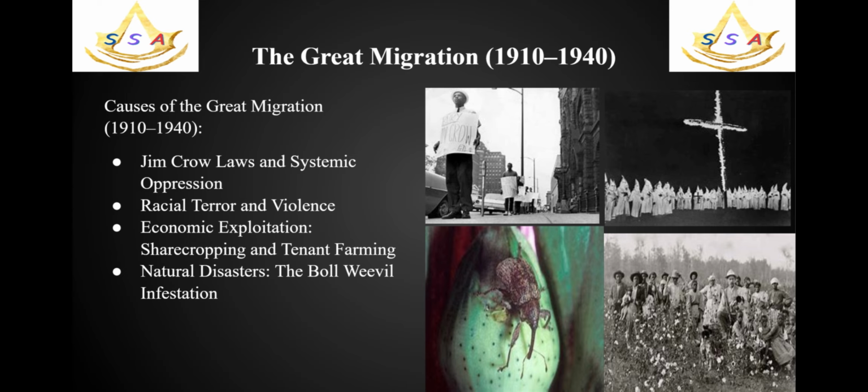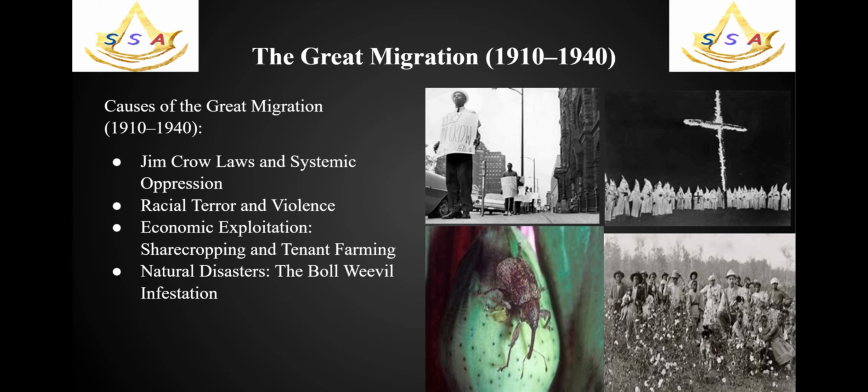They rented land and equipment in exchange for a share of the harvest, but were often subjected to fraudulent accounting practices by white landlords, and Black farmers were systematically cheated, leaving them unable to escape poverty. There was also debt bondage, which prevented economic mobility, making northern factory jobs more appealing.